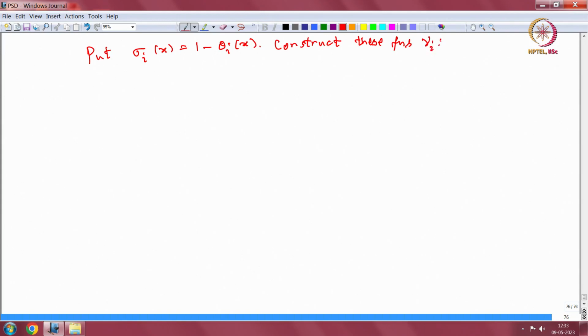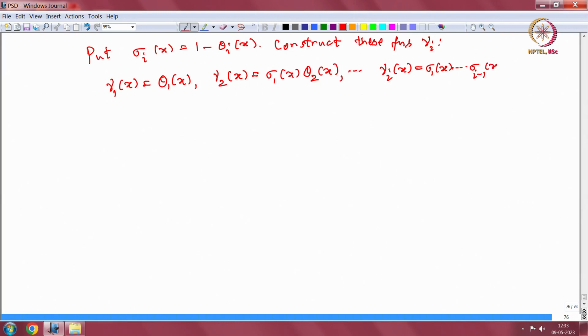So gamma 1 of x is theta 1 of x. Gamma 2 of x is sigma 1 of x times theta 2 of x. Gamma i of x is sigma 1 of x up to sigma i minus 1 of x times theta i of x, and the last one is theta n of x.